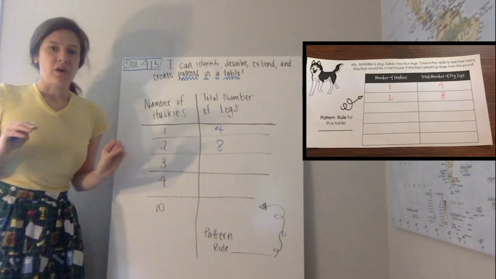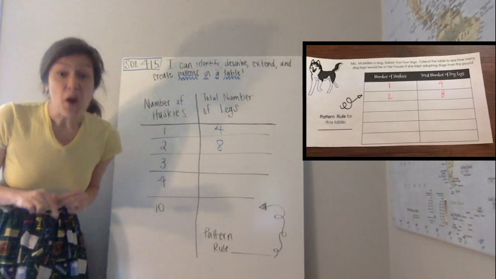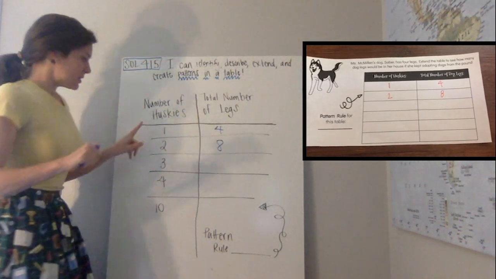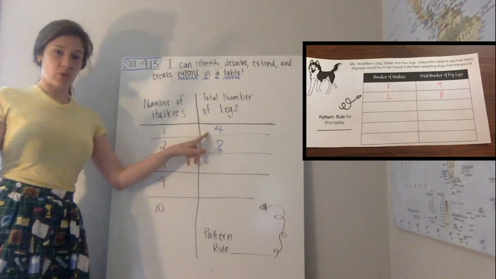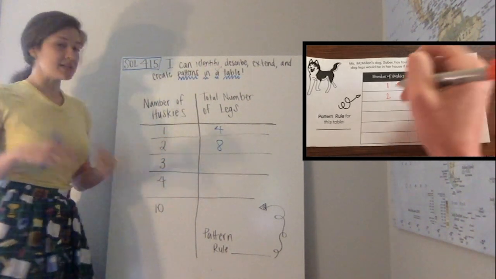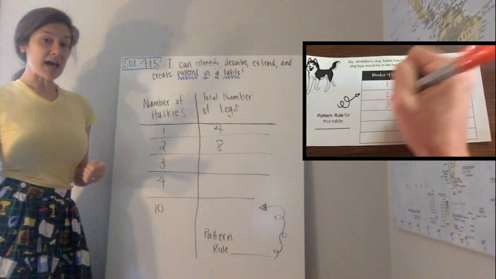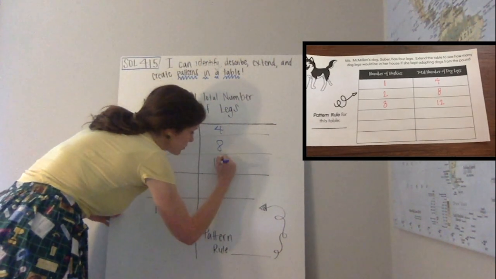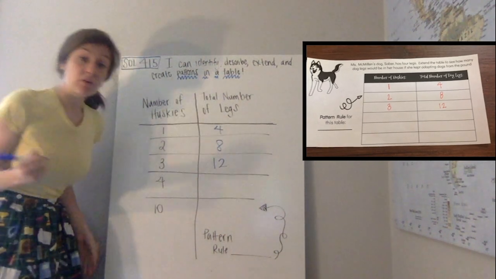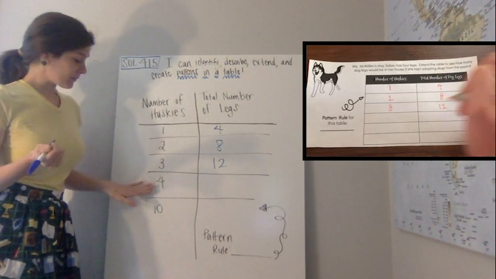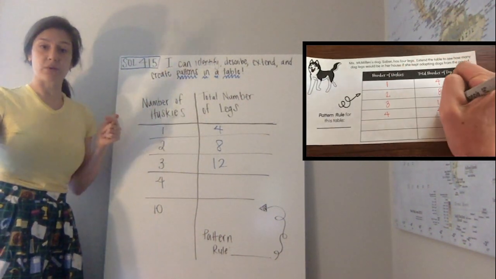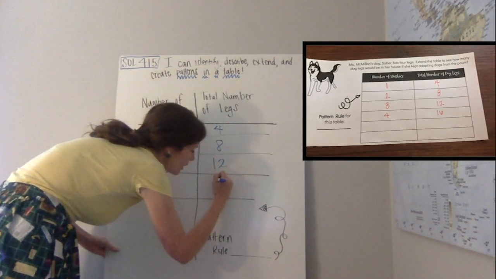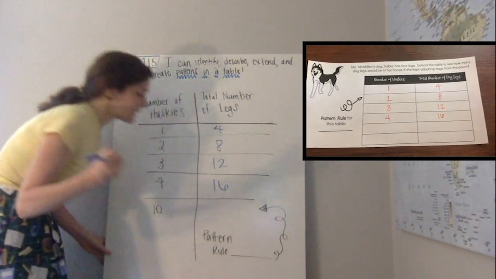Now, I decide I want even more puppy dogs. So, if one husky had 4 legs, 2 huskies have 8 legs, let's add another one: 8, 9, 10, 11, 12. Okay, 3 huskies would put 12 legs in our house. 4 huskies would give us 16 legs.